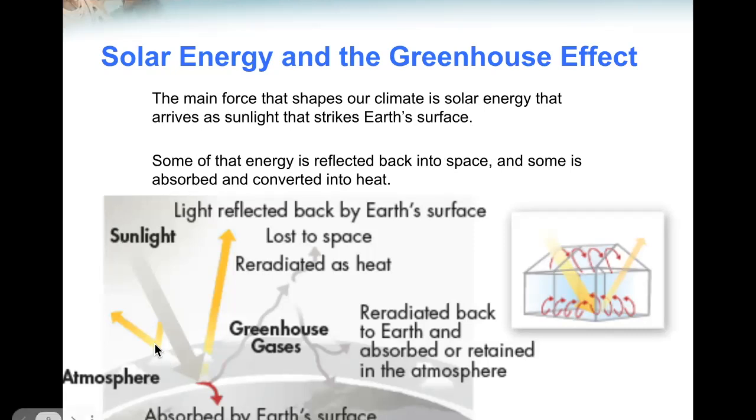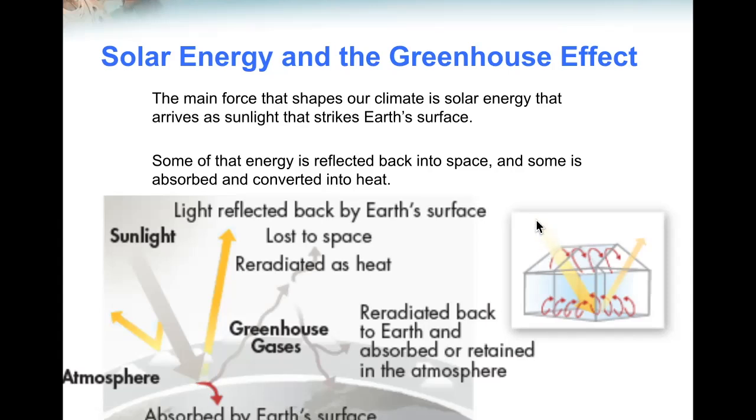Sunlight hits, some is reflected off the atmosphere, some is reflected off the Earth itself, and some is lost back into space, re-radiated as heat. Greenhouse gases trap some of the energy and re-radiate it back to Earth, where it is absorbed and retained in the atmosphere, and some is absorbed in the Earth's surface itself.